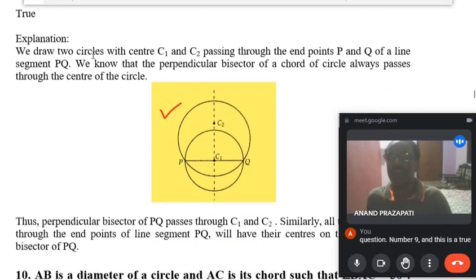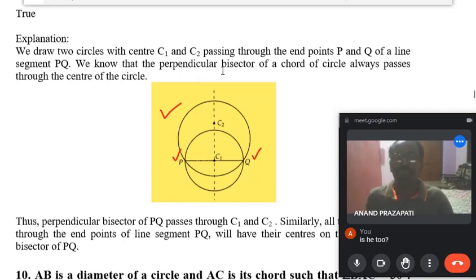Let's see the explanation. We draw two circles with the centers C1 and C2 passing through the end points P and Q of a line segment. So PQ is the common chord of the circle whose center is C1 and the circle whose center is C2.